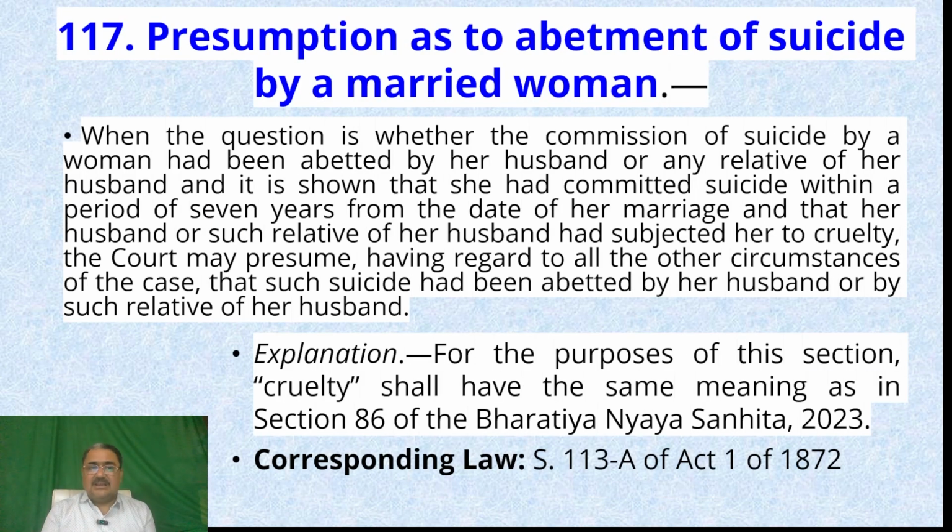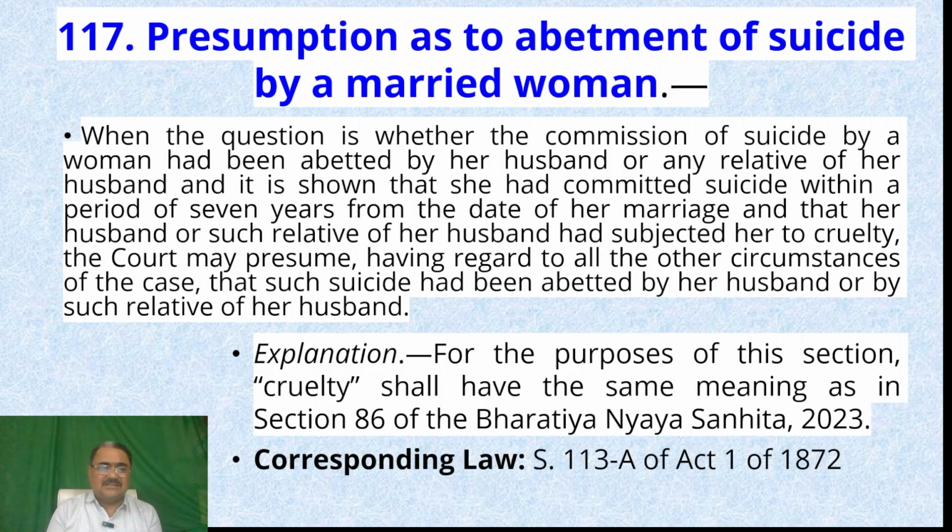There is another section in evidence law. It's abetment to suicide. So, if a woman committed suicide within 7 years of marriage, the court may draw inferences that she must have been subjected to cruelty. Now naturally, why would a woman commit suicide at the in-laws' place? So law helps sometimes in proving the cases.